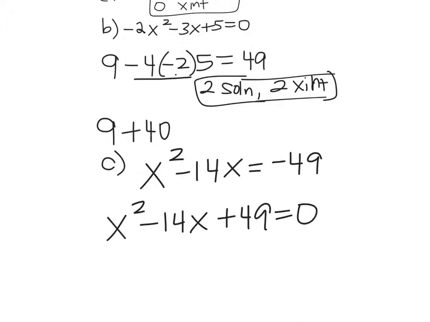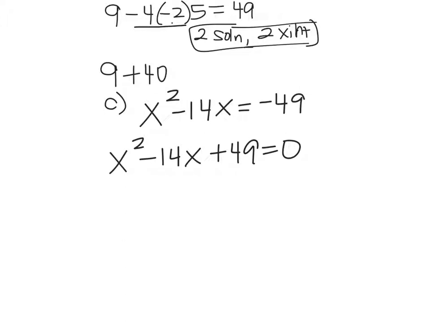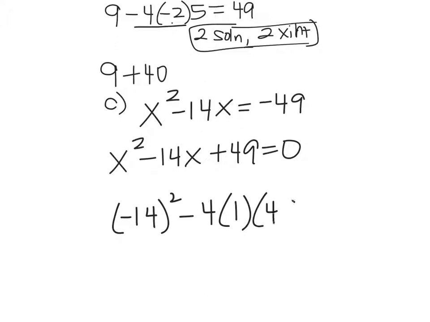So now I'm going to find the discriminant. B squared. Ooh, does anyone know what 14 squared is? 256. Nice. Good job, Andrew. Negative 14 squared minus 4 times A times C. Okay? If you struggle with doing that, just plug it in your calculator.